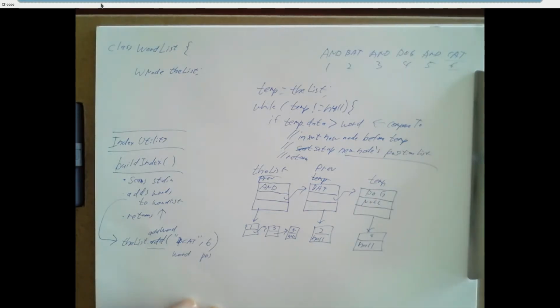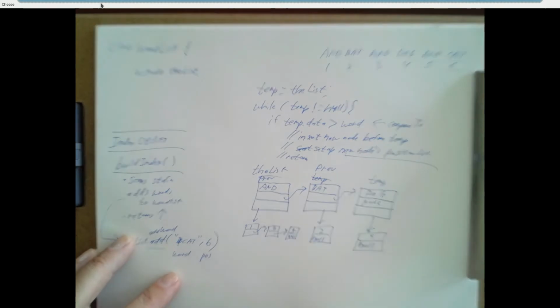Setting up the new node's position list, that's something that your position list class can handle for you, right? So in your position list, you have methods for constructing, and you can be guaranteed that every time you create a position list, you have at least one node you want to put in there. Because I'm not just creating position lists out of thin air, I'm creating a position list because I've got a new node and I want to put a 6 in there.